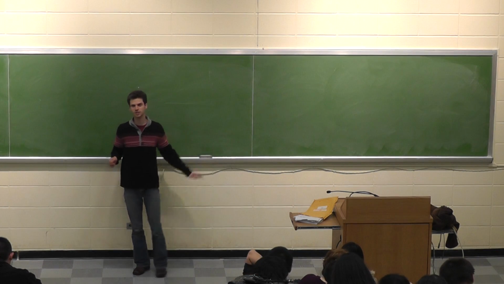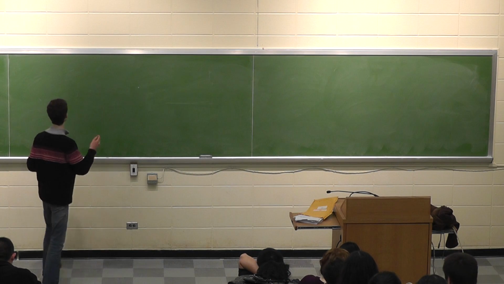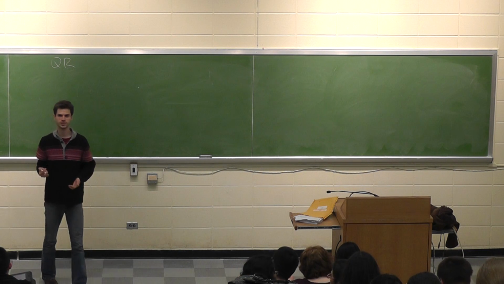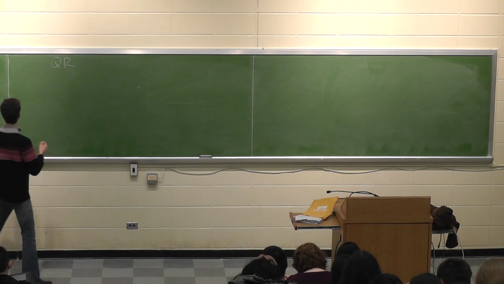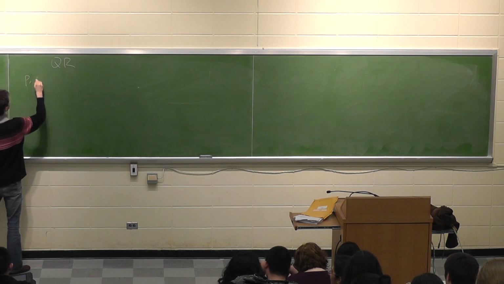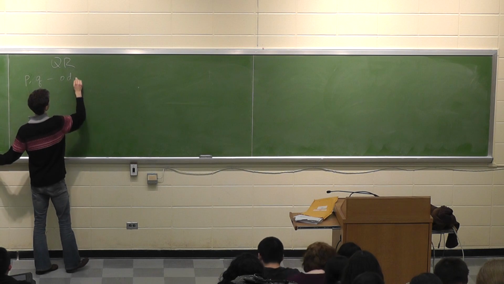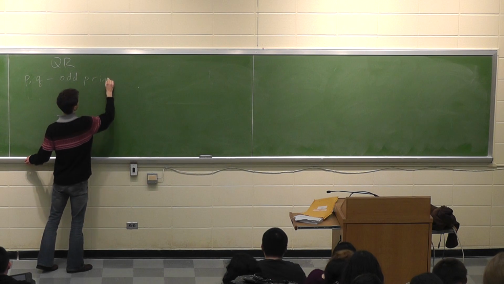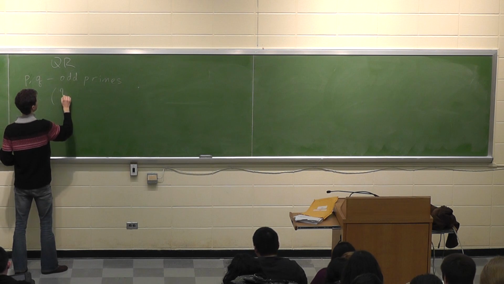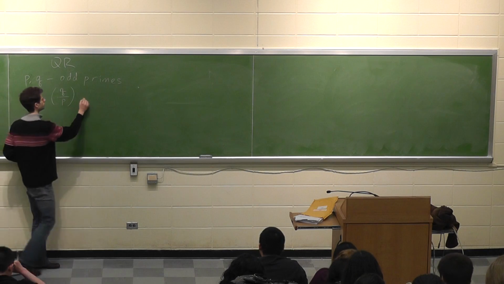So let's start with just formulating once again what is quadratic reciprocity. And today I just want to solve a couple of exercises about it. So quadratic reciprocity looks like this. If p, q are both odd primes, then (q over p), that is, whether q is a quadratic residue modulo p.